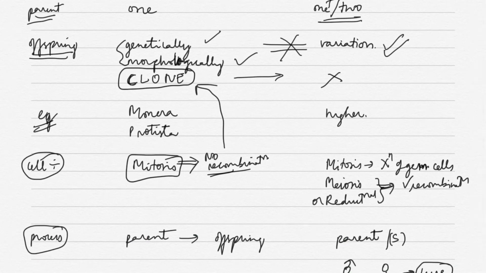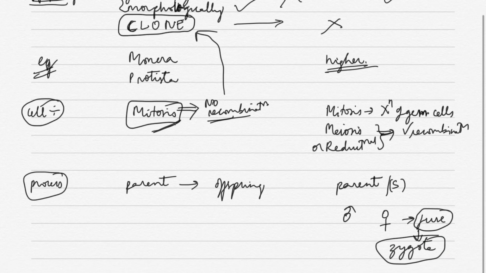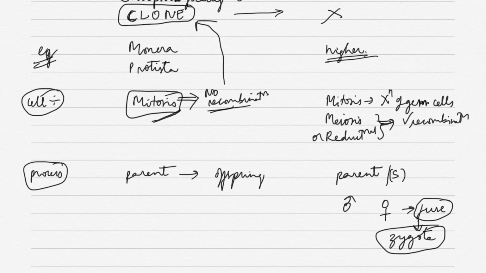Then we have Monera and Protista. These two are the examples of asexual reproduction, and higher organisms are the examples of sexual reproduction. Mitosis happens in asexual. Here we have mitosis in the beginning for multiplication of the germ cells, and then we have meiosis happening, which is called as reductional cell division, and it has a significance that it helps in evolution.